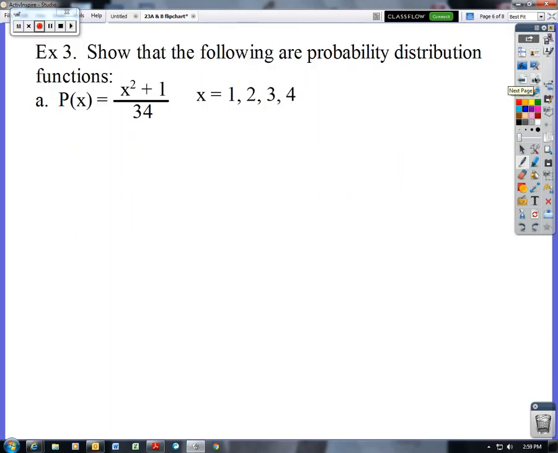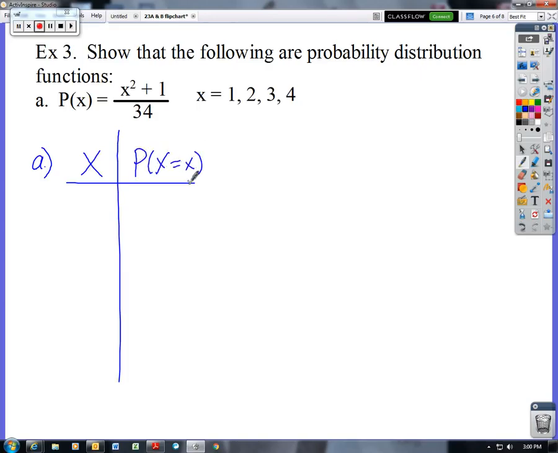So first we're going to find each of the probabilities. To do that, I'm going to make a table to store it nicely. So here's my X, here's my probability. I'll use the book's notation. 1, 2, 3, 4. And here's a formula for the probability. So that's going to be 1 squared plus 2 over 34, which is 1 over 34, 2 over 34.